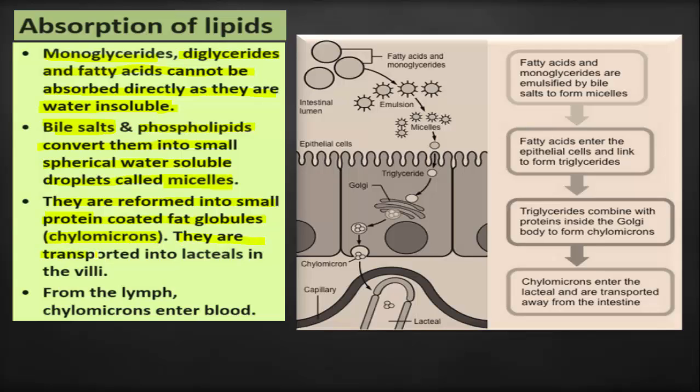They are transported into lacteals in the villi, because the lacteal is related to absorption of lipid. From the lymph, the chylomicrons enter the blood. Finally, through that lymph of villi, the chylomicrons enter into the blood. And chylomicrons are nothing but protein coated fat globules.